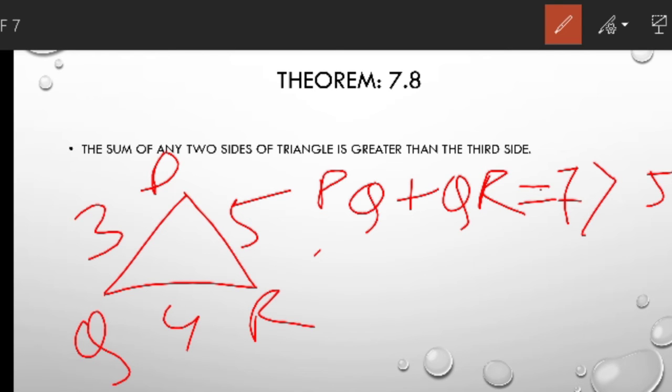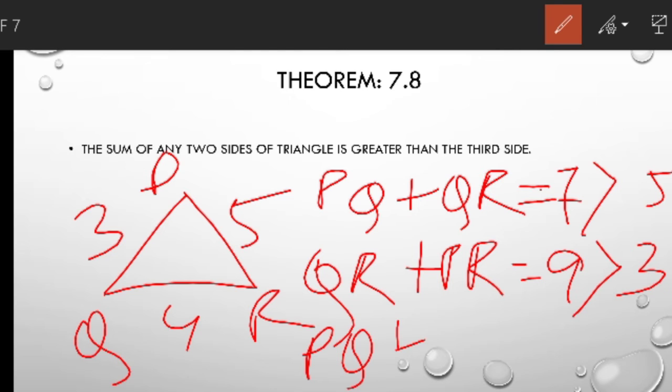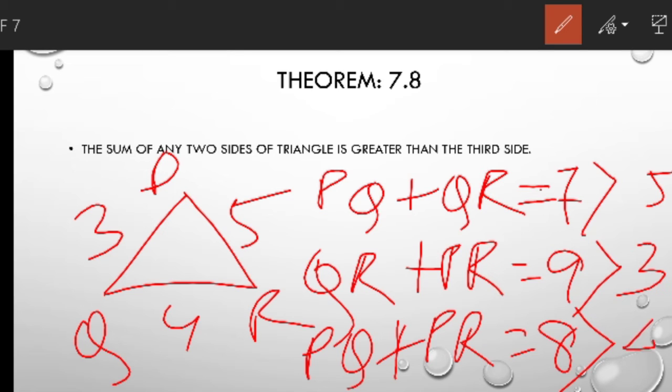Again, if we consider QR plus PR, then it is equal to 9, which is greater than the third side, 3, that is PQ. Again, if we consider PQ plus PR, we will get 8, which is greater than the third side, that is 4, or the side QR.